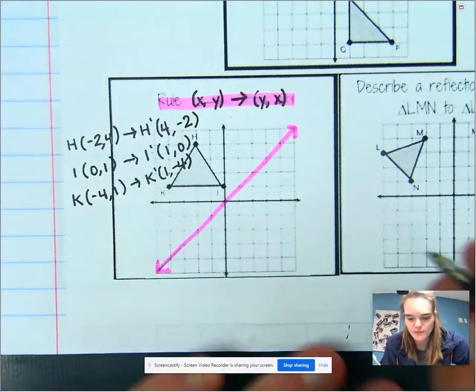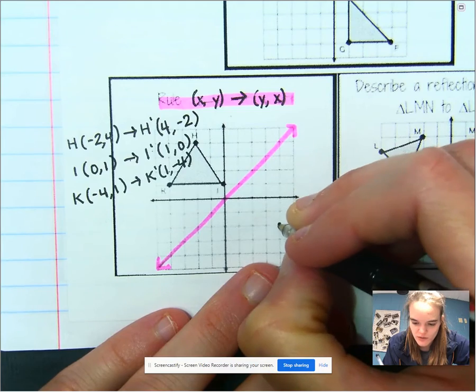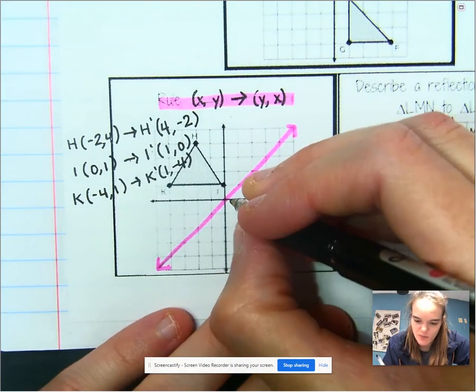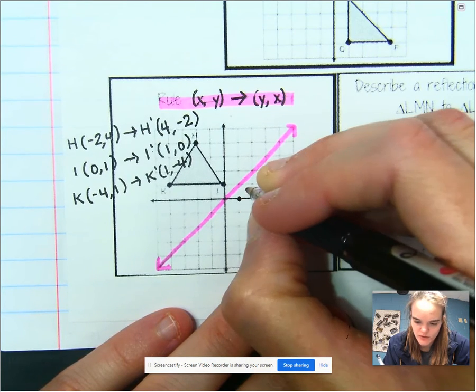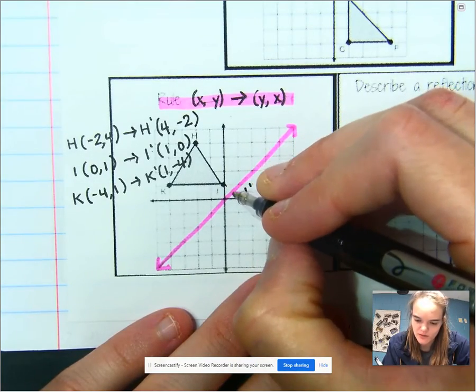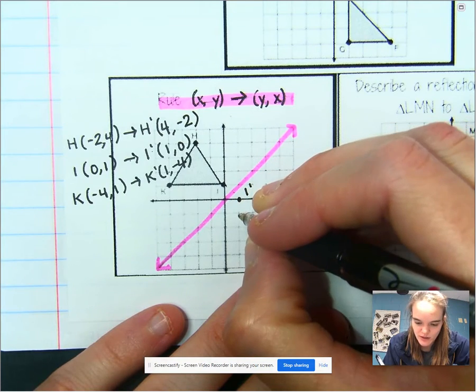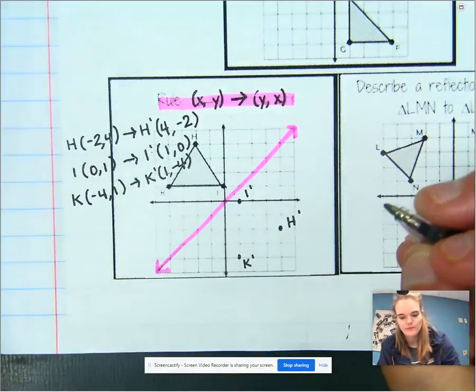And then we're just going to graph them. H prime is at (4, negative 2). I prime, or J prime, is at (1, 0). See, that makes sense if you flip right here, but I like to write it down. You get to choose. K prime.